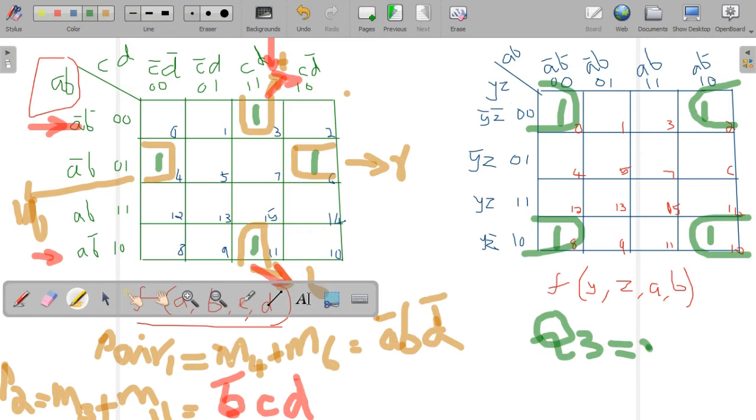Only two variables here. For example, m0 plus m2 plus m8 plus m10.